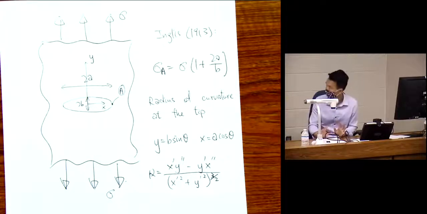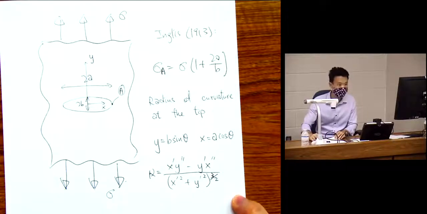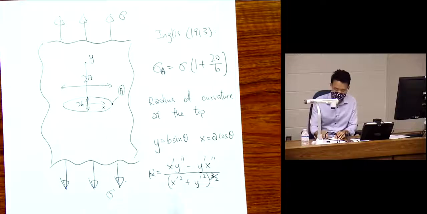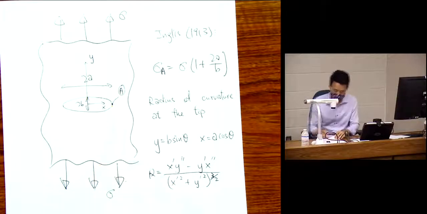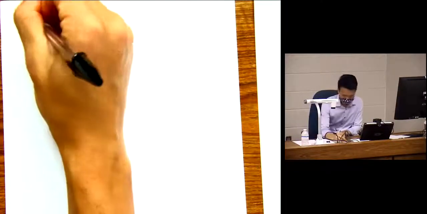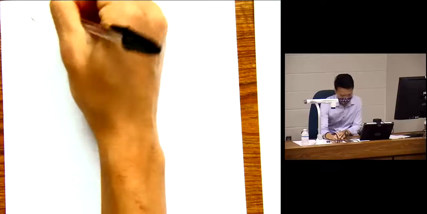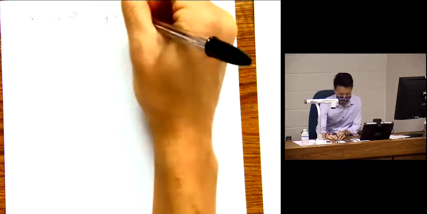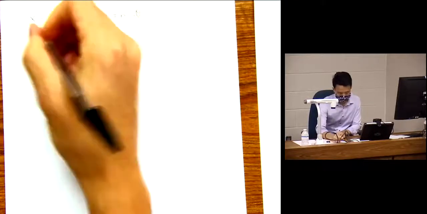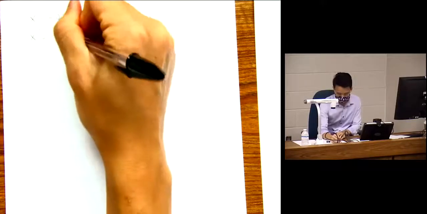Just differential geometry. Now, with these we can actually calculate exactly what this curvature is, and then once we do that, we will express the curvature right at the tip. Okay, so what we need to do is just to do the differentiation, and these are all very simple derivatives.